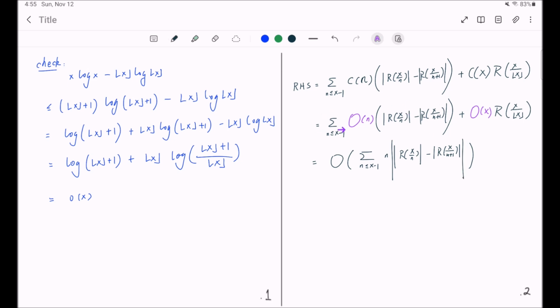Namely, the sum is equal to big O of this sum as a function of x. And second part is a big O of x. For those who cannot see this immediately, let me remind you the definition for R.